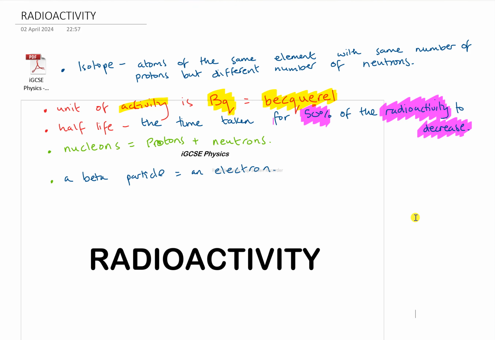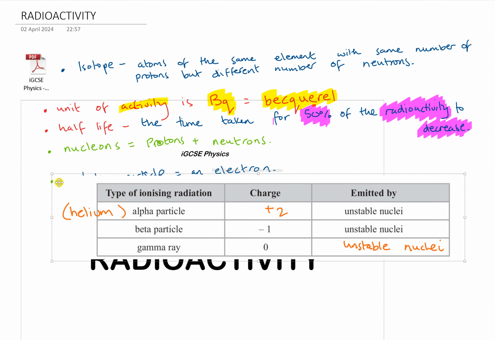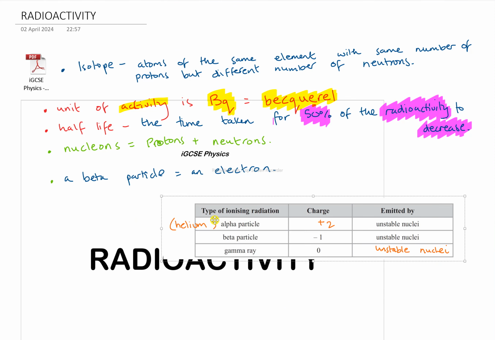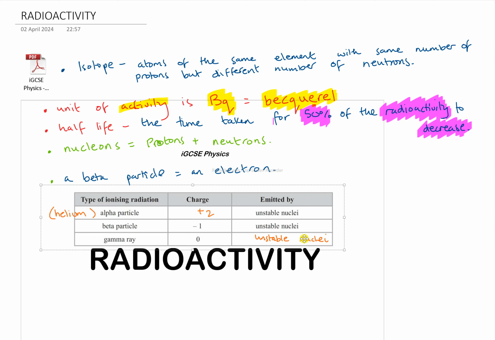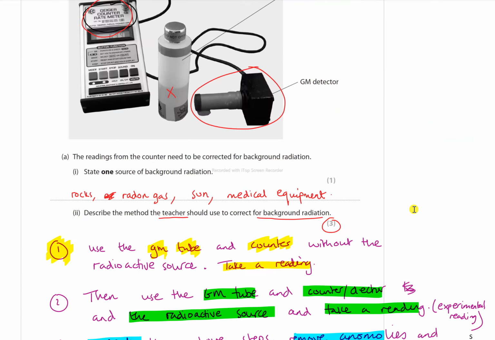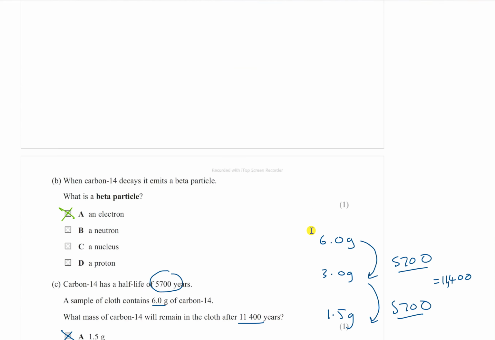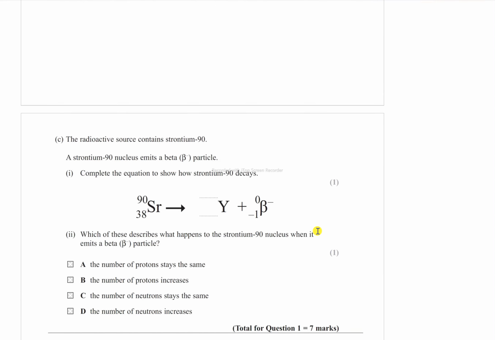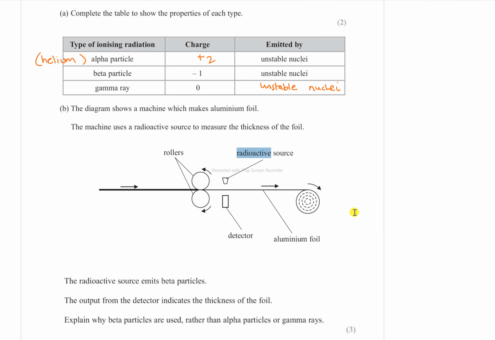Right, let's have a look. The diagram shows a machine, aluminium foil, not aluminum, aluminium.